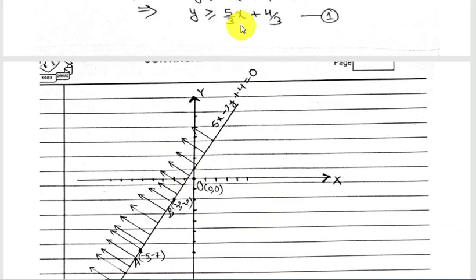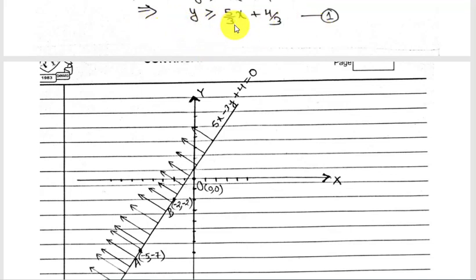The best way to find is, in place of x and y, you take 0, 0 in this equation, and you see after replacing x and y by 0, whether this equation remains true or not.